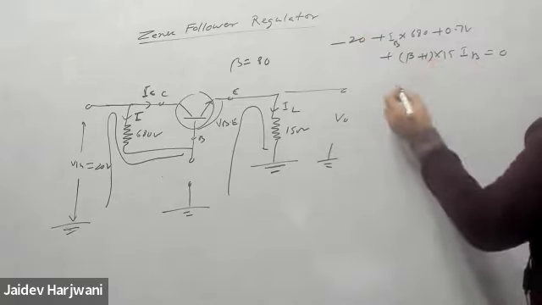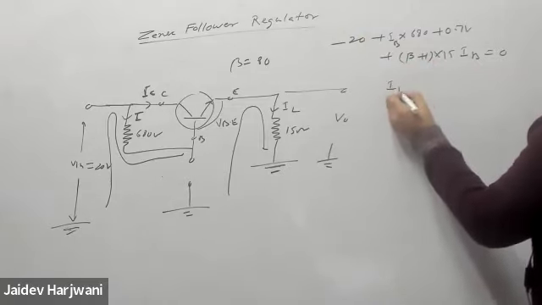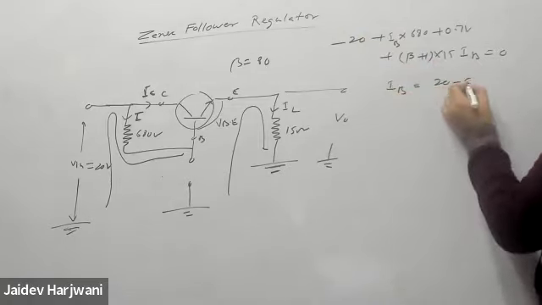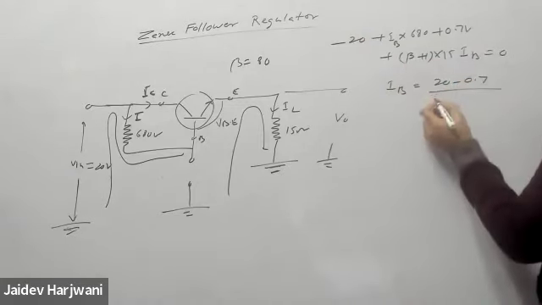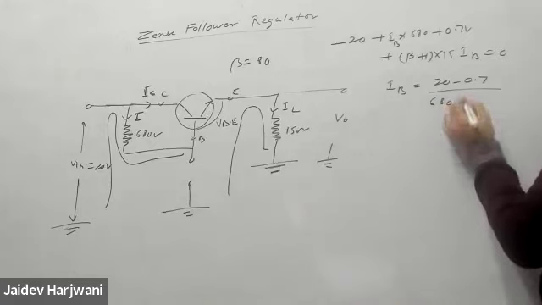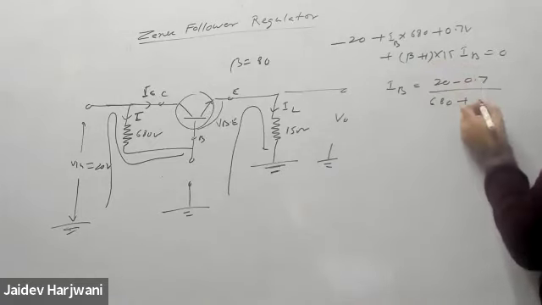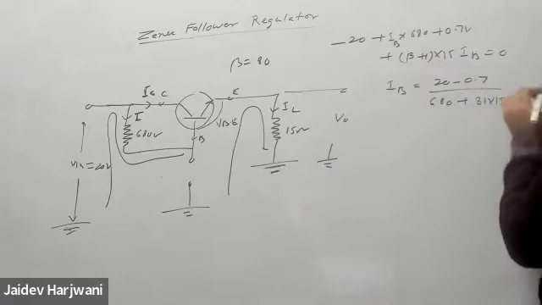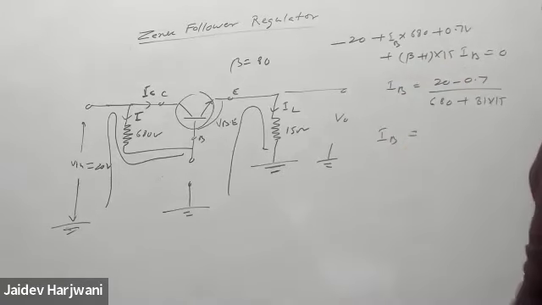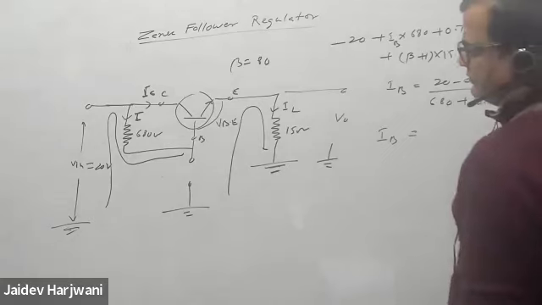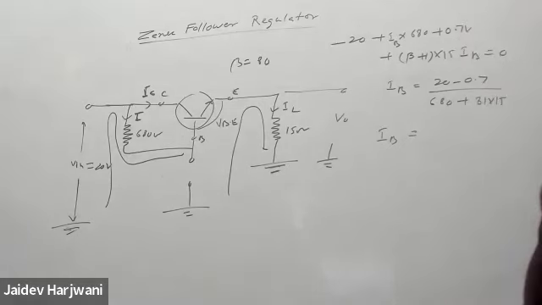Beta is 80. Okay, so IB will be what? 20 minus 0.7, divided by 680 ohm plus 81 into 15. Tell me how much the value is.